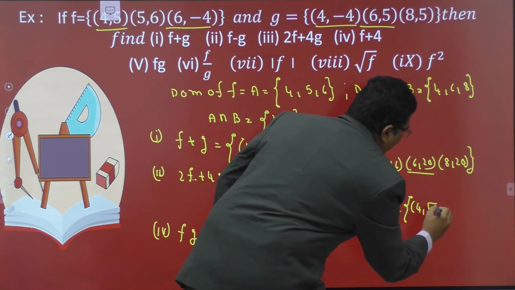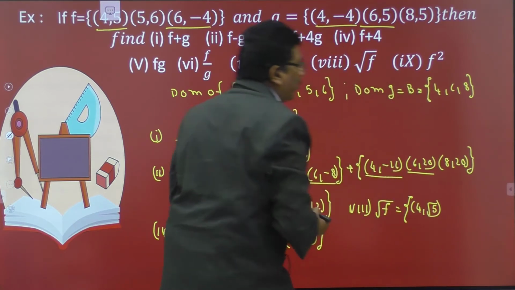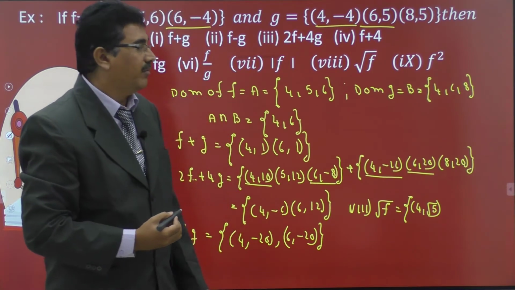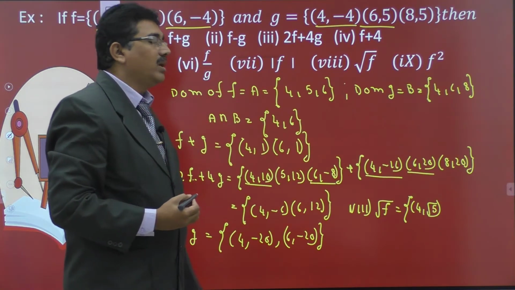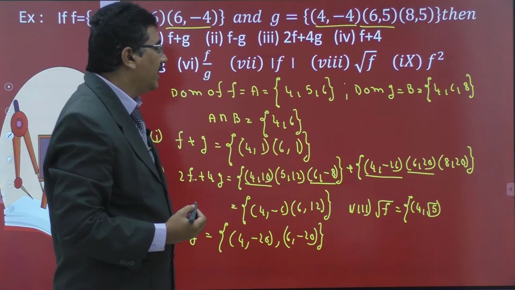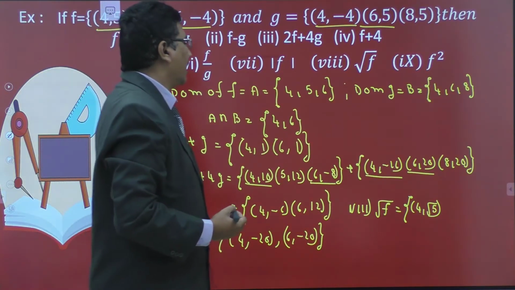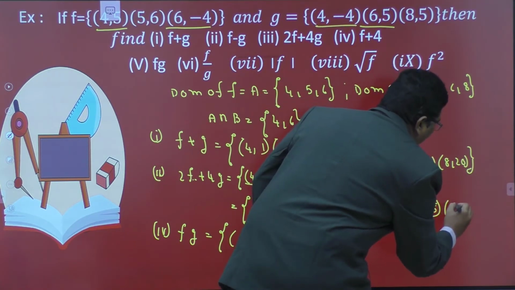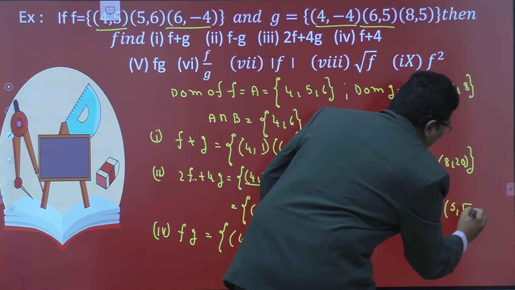Take the square root of the second component of every ordered pair in f. So (4, root 5), (5, root 6).